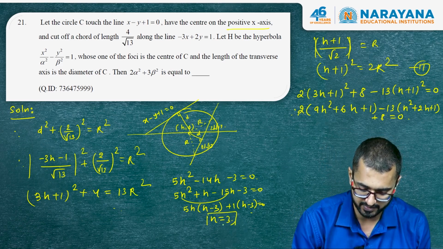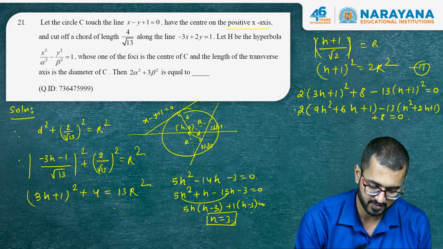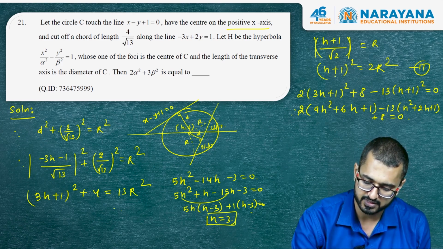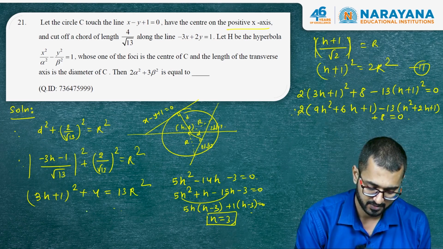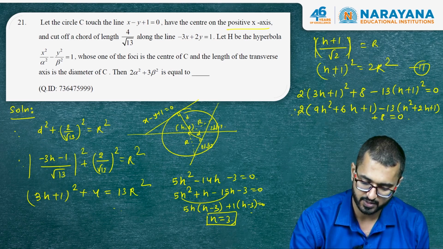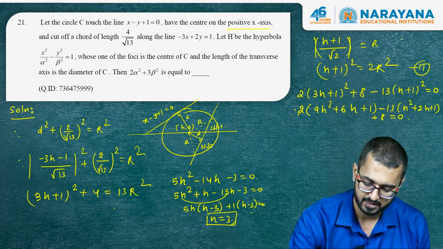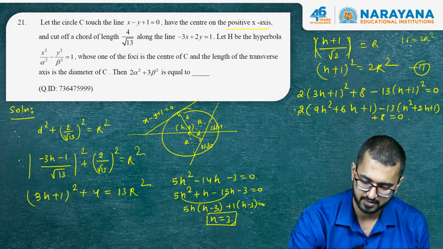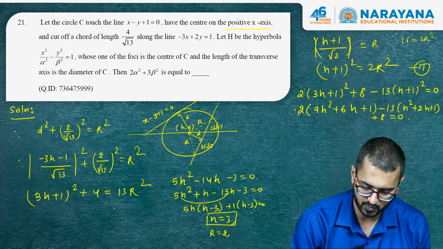So h is equal to 3 we got. That means the center we have got, h is equal to 3. We can now plug into this equation and get the radius. So setting h equal to 3 in this equation will give me 3 plus 1, 4 squared, 16 is equal to 2r². So r is equal to 2√2. I got the radius also, 2√2.